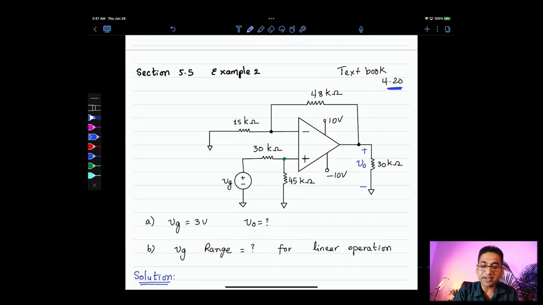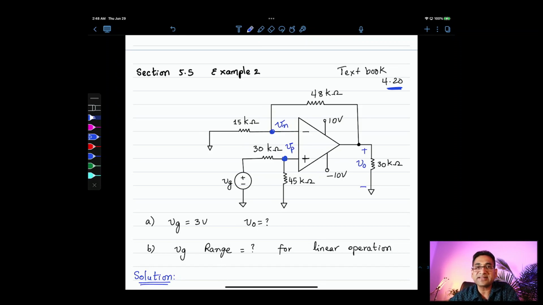We are typically used to writing KCL at this node Vn, right? However, in this problem, we don't know Vn. But how do we know Vn in other problems when it is not given? We use the Vp value.